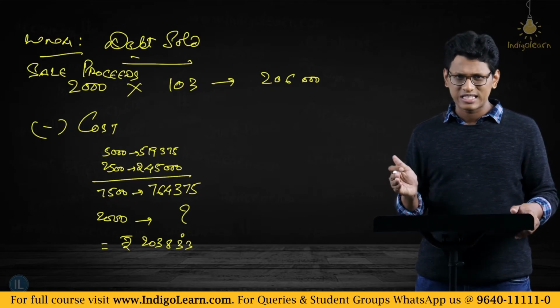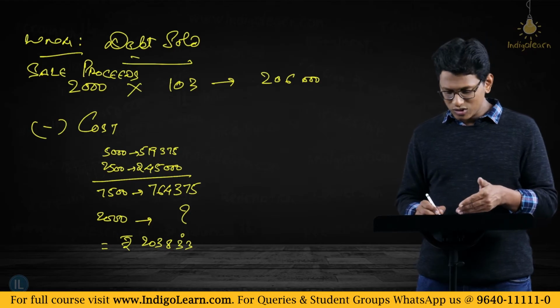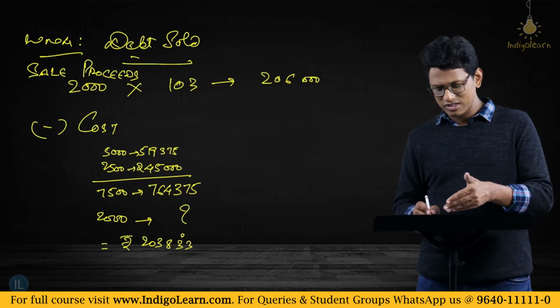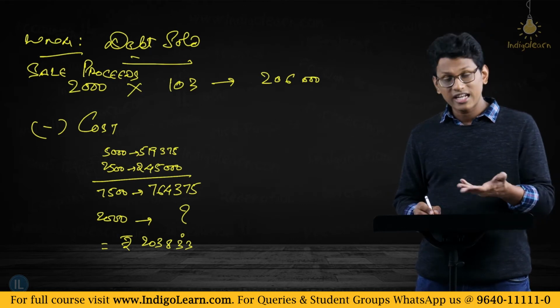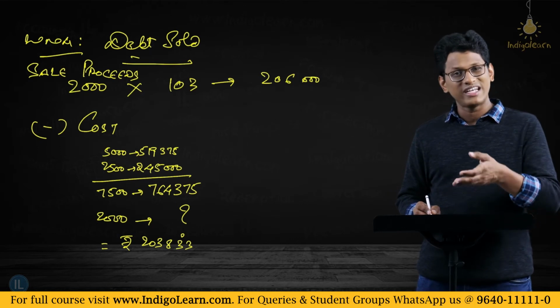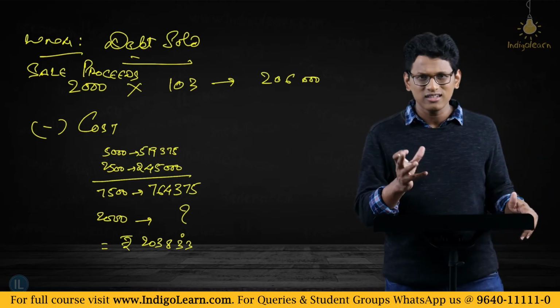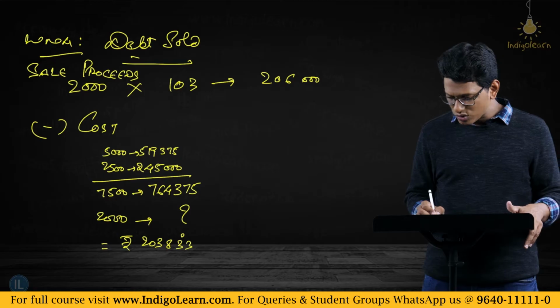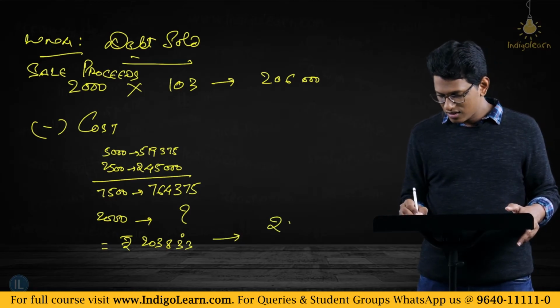So what you might have to do in such cases is, anyway you should do ultimately 2000 into 7,64,375 divided by 7,500, right? So then as well do 7,64,375 divided by 7,500 into 2000. So ultimately you will get the answer 2,03,833 is the cost. Okay, let us write this.